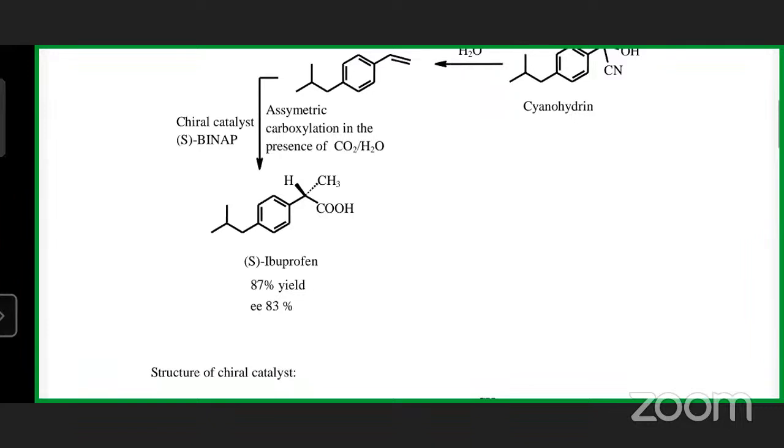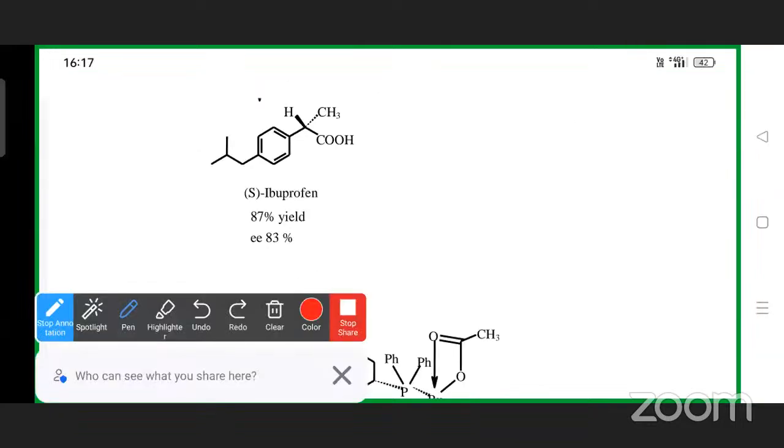So here is a S oxide, this is a S ruthenium catalyst here, by naphthalene, attached with the ruthenium catalyst here.